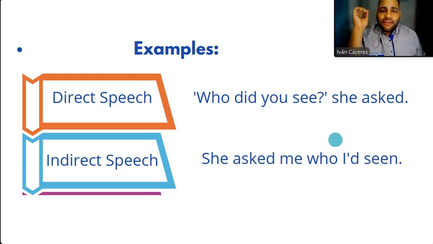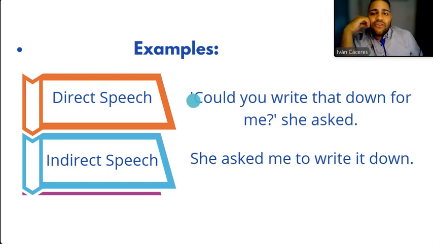Now the next one says, "Could you write that down for me?" she asked. In this case, we have a question that is done with a modal verb. Could you write that down for me? She asked. And in this case, we are eliminating the modal verb, that is a possibility.